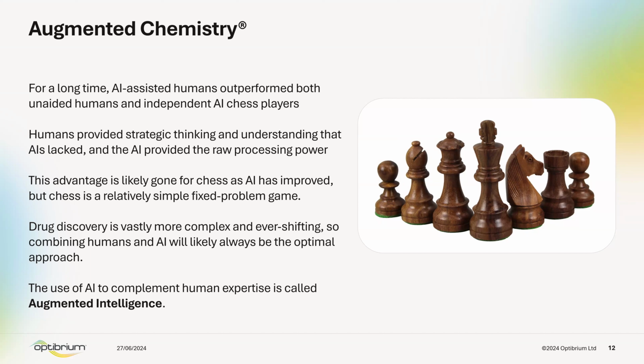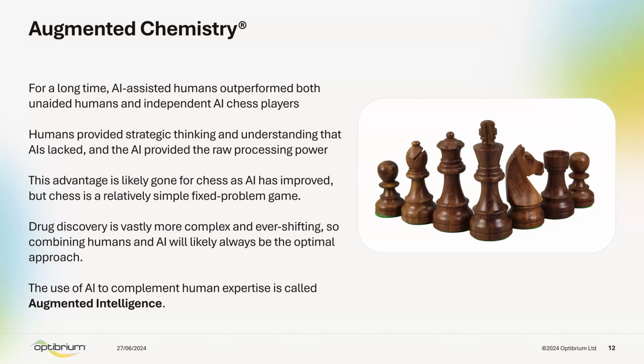Now, while this was first demonstrated in chess, this advantage has more or less gone away in chess. As AI has improved, it really is now unbeatable. But chess is a relatively simple game with a relatively well-defined and constrained space to search in order to find optimal solutions. Whereas, of course, drug discovery and all of the associated chemistry and biology is far more complex and ever-shifting.